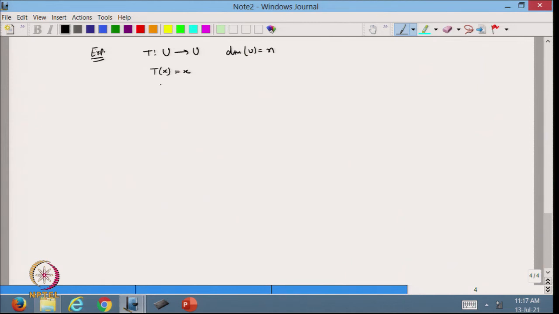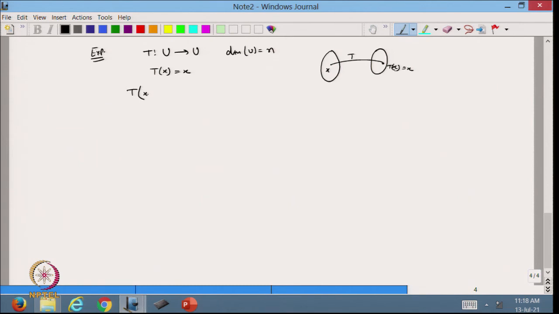So, now if I want to write the matrix corresponding to the transformation, then from here you can see that it is like Tx is x. So, I am having the transformation from this, that is my x, taking the transformation T. So, this is my Tx, but that is also equal to x. So, what I am going to do is that I am going to write the matrix. So, and x belongs to U.